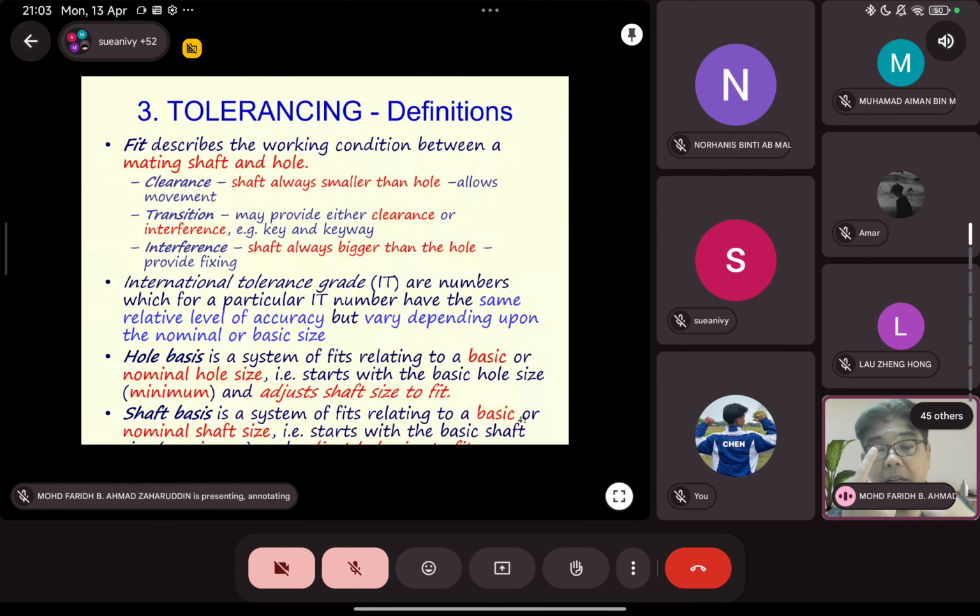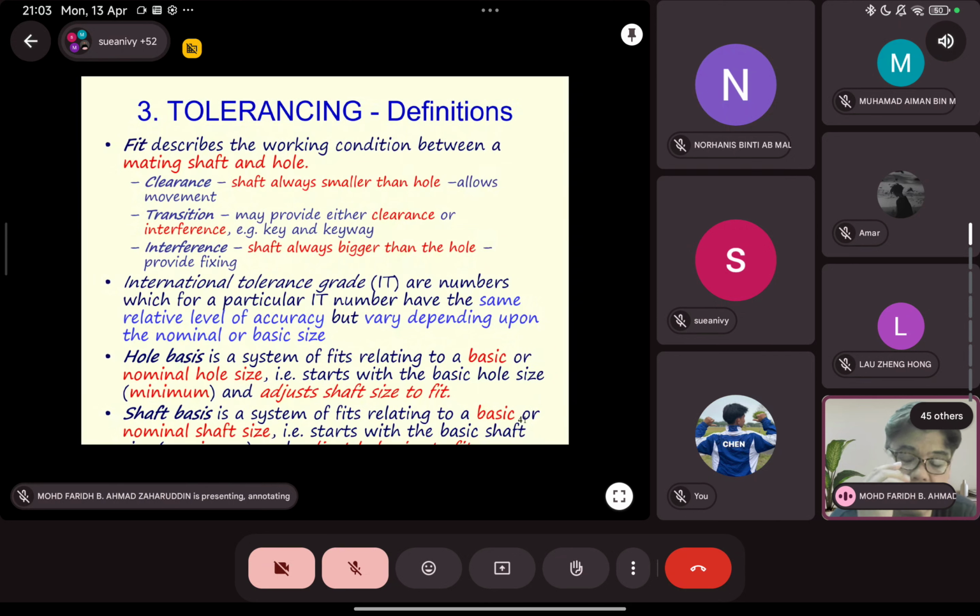Number one is clearance fit, in Bahasa Malaysia padanan kelegaan. Second is transition fit, padanan peralihan. The third one is interference fit, in Bahasa Malaysia padanan gangguan.